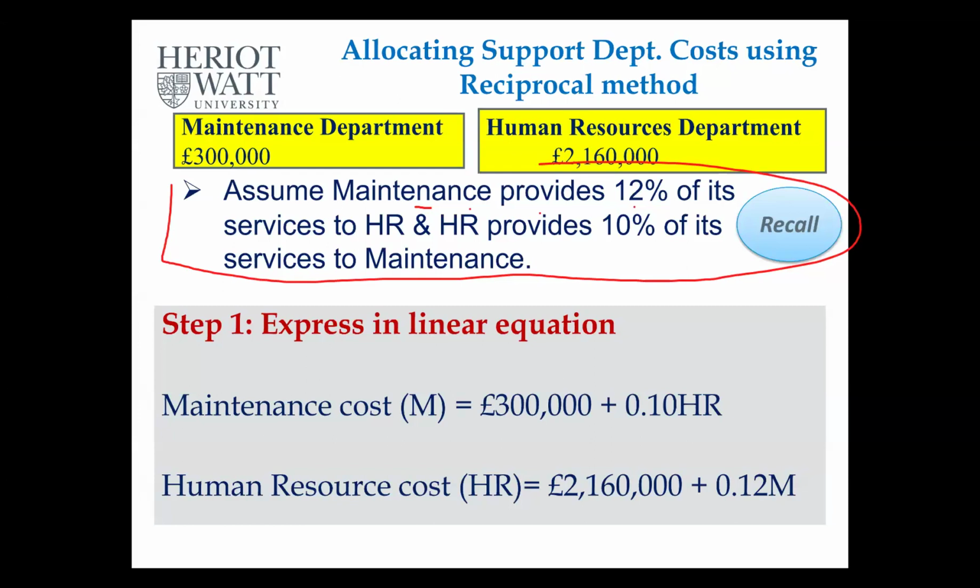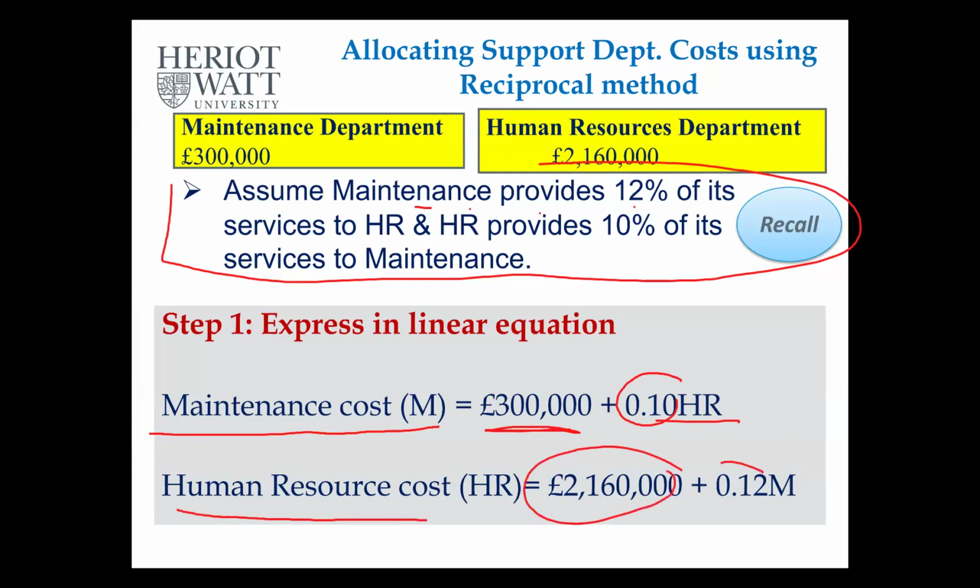You understand? And also, HR provides 10% of services to maintenance, which means maintenance, the cost that they have plus the 10% of HR. You get the point. They also receive something from HR. Then similarly, the HR guys, their cost plus 12% that they receive from maintenance.